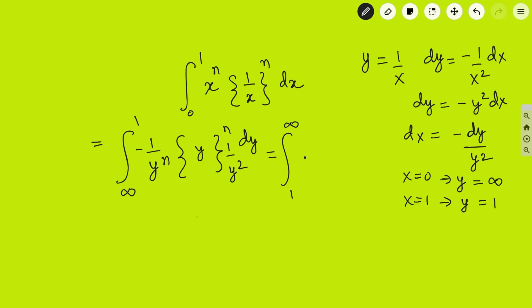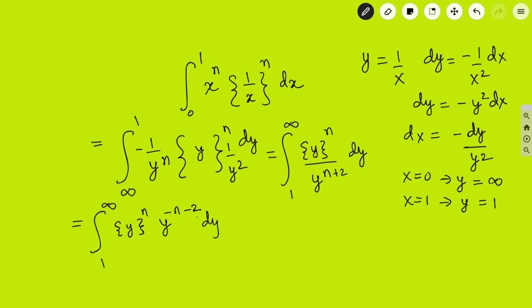So you have 1 and infinite, the fractional part of y to the power n, divided by y squared, and then dy. So let me write it here: integral 1 to infinite, fractional part of y to the power n, y to the power minus n minus 2 dy. Okay, so that's the first step.